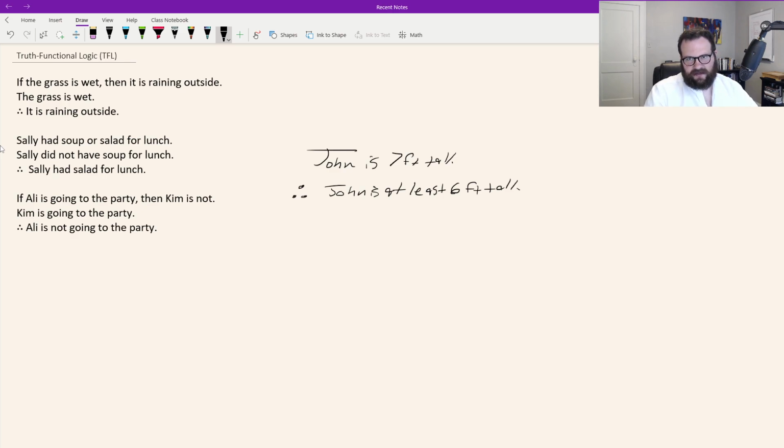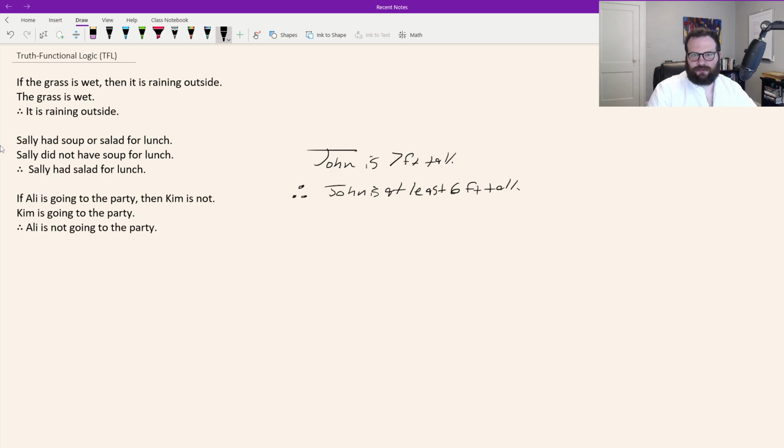Now, think back to the definition of validity that we've gotten thus far. The definition of validity we have says the truth of the premises must guarantee the truth of the conclusion. In other words, if the premises are true, then the conclusion has to be true. Okay? So let's subject this argument to that test. John is 7 feet tall. Let's assume that's true, even though it's very unlikely.